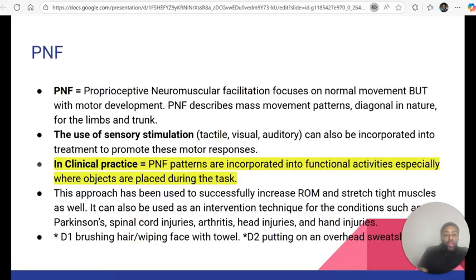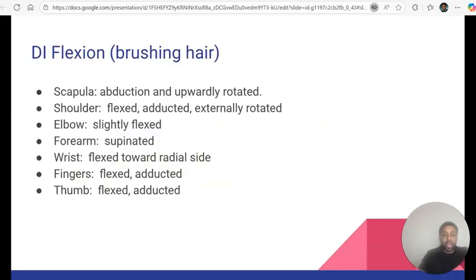Now, as far as how it could be utilized in therapy, depending on the motor capacity that the person has, we can incorporate these PNF patterns into functional activities where the person is moving objects through space using those PNF patterns. With D1 flexion, these are the movements that are associated with it.